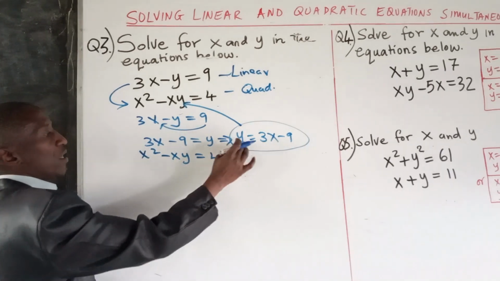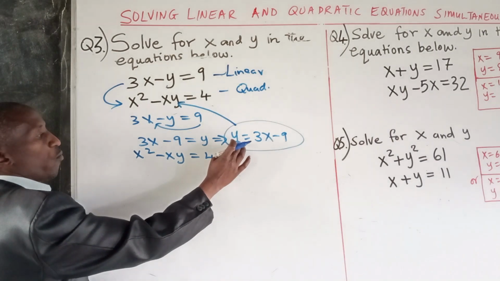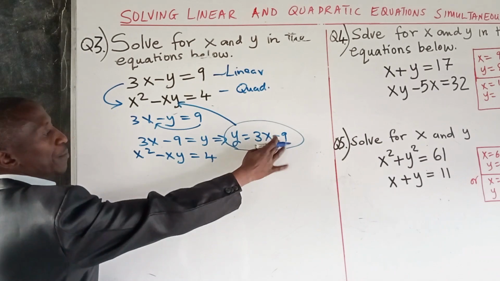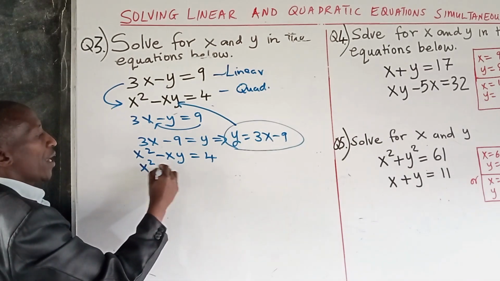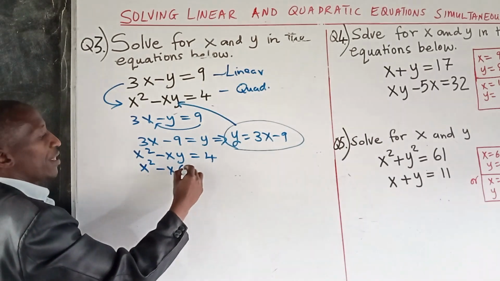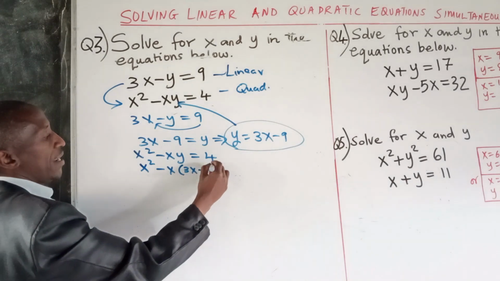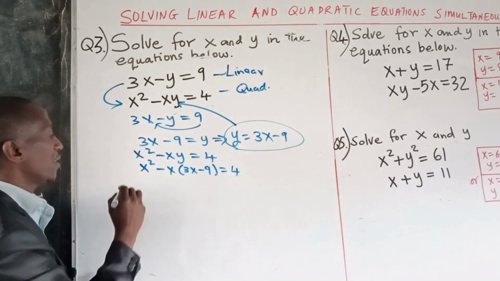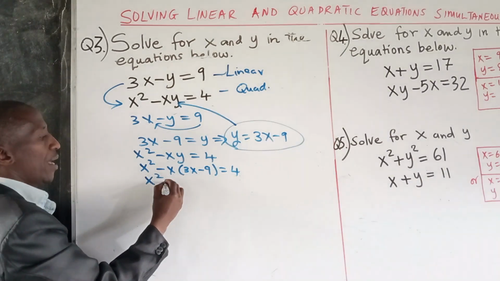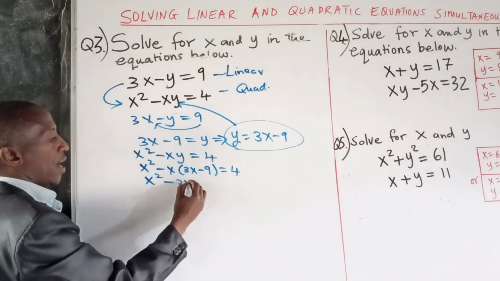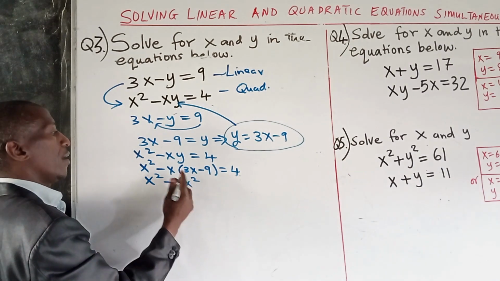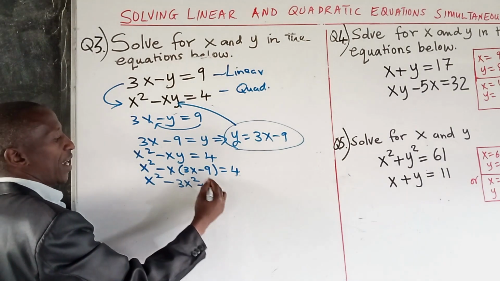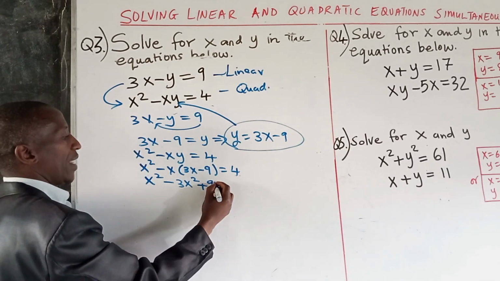So removing the expression y and substituting it with 3x minus 9, we get x squared minus x into 3x minus 9 is equal to 4. Opening up the brackets, we get x squared minus 3x squared plus, minus x by negative 9 is positive 9x.